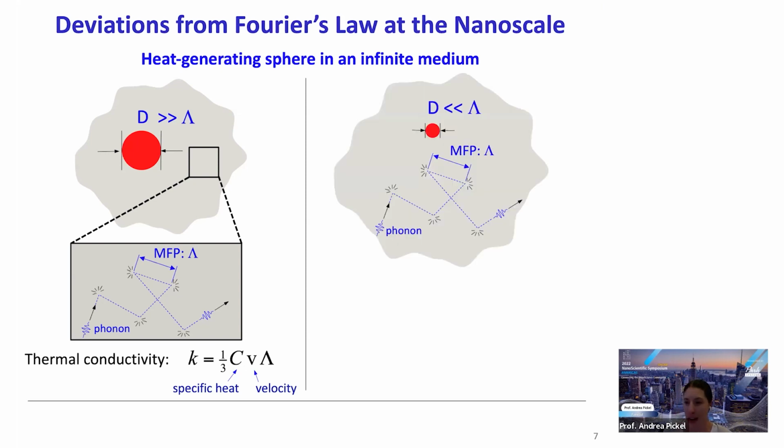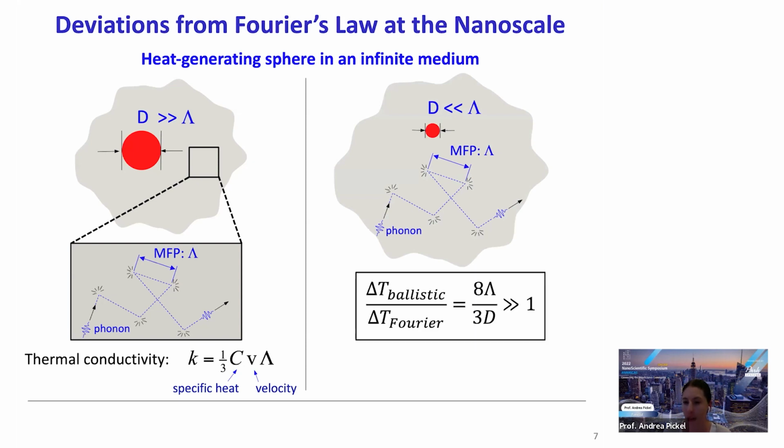But now let's consider a heat generating nanosphere whose diameter d is much, much smaller than that mean free path lambda. So in this case, it turns out that Fourier's law no longer applies. And we instead have to use the Boltzmann transport equation to solve for the temperature rise of our sphere. And so in this very simple case, we can get an analytical solution.